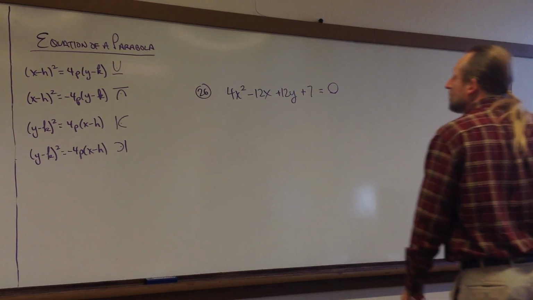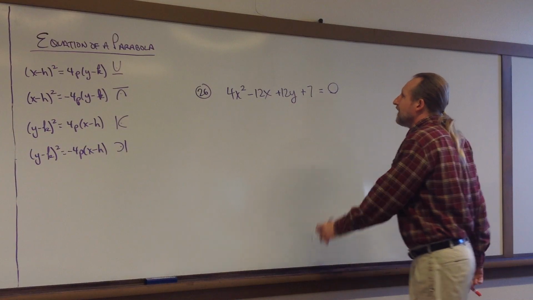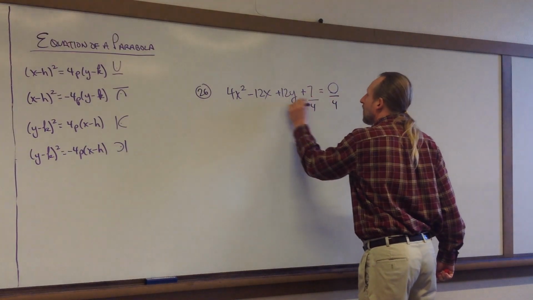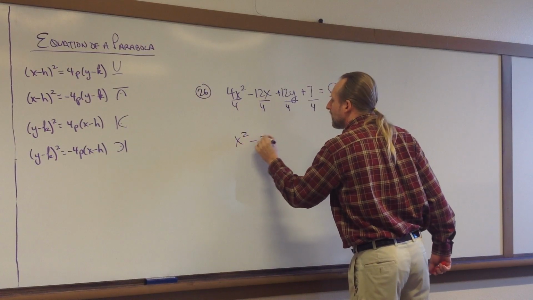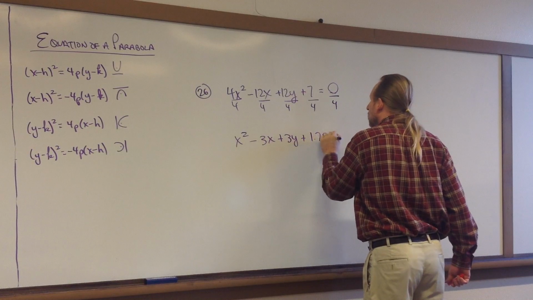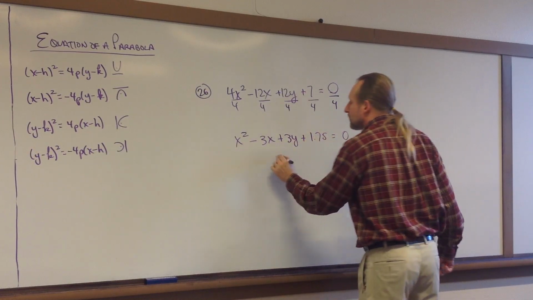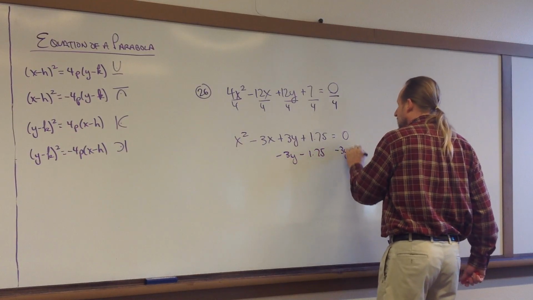Well, just like we saw with the circles, I would recommend dividing everything by 4. And so then we'll get x squared minus 3x plus 3y plus 1.75 equals 0. And then we'll move everything to the other side.